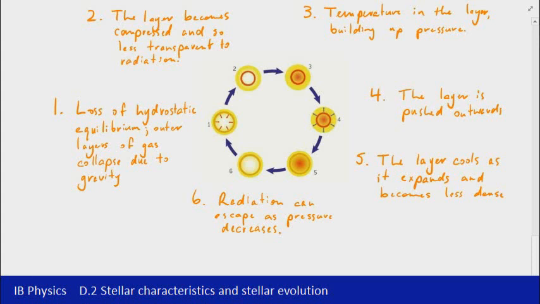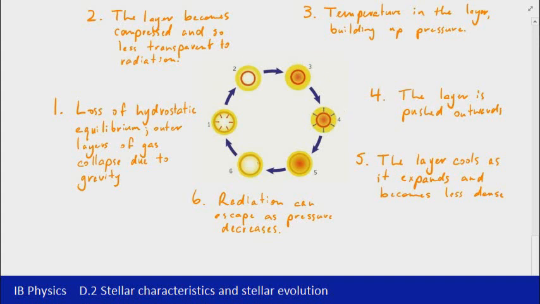Now if you think about this process, down the bottom here in step 6, where the radiation can now escape, that means that there is more light that can escape from the star, and so the intensity will increase here. But then as the layer starts to get compressed going through here, it becomes less transparent, and so slowly over time that layer will cause the star to dim.